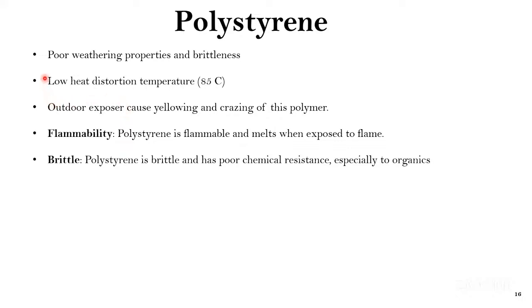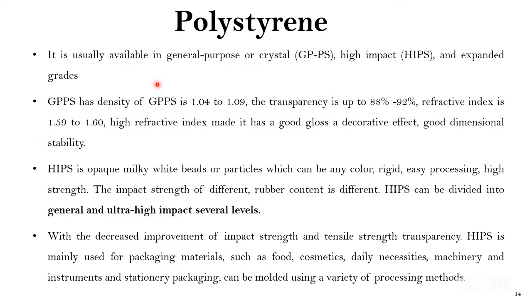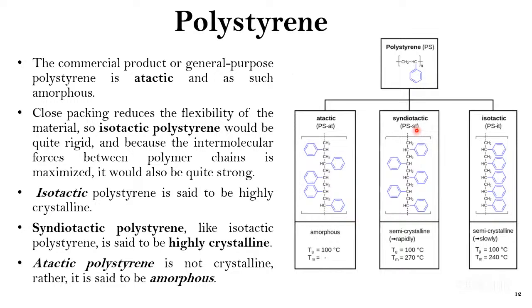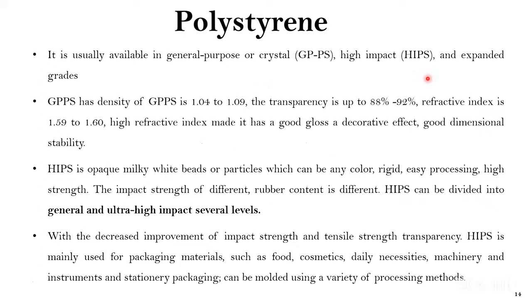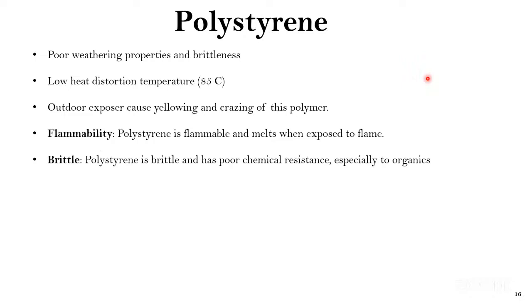Next is low heat resistance. The yellowing is due to UV rays, right? Yes, UV rays. Why does that occur? Due to the presence of the benzene group. This benzene group has a very huge impact on the coloring of your polystyrene.